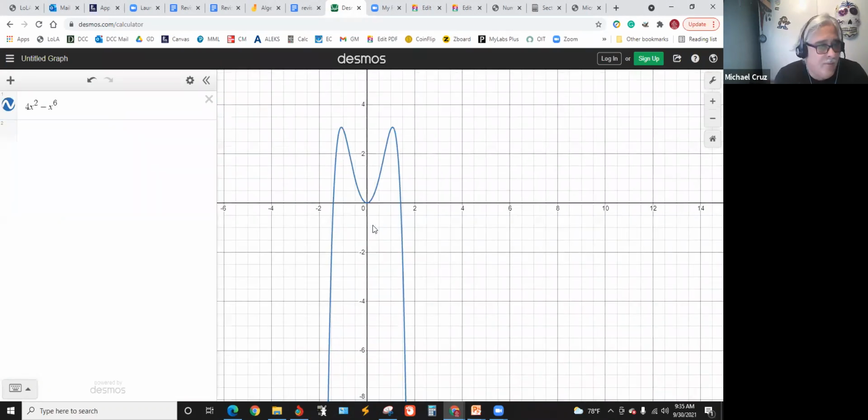So see that? An even function is going to be symmetric in regard to the y-axis. It's a big mirror image.